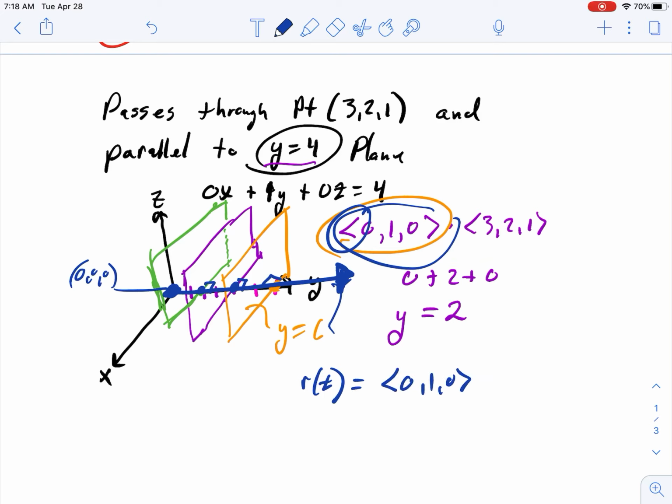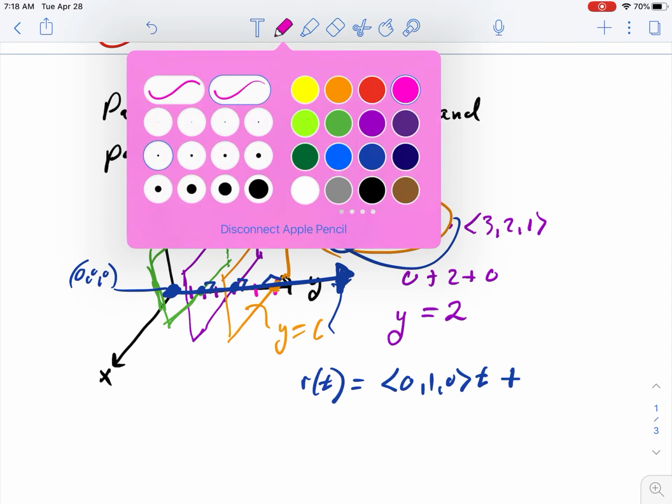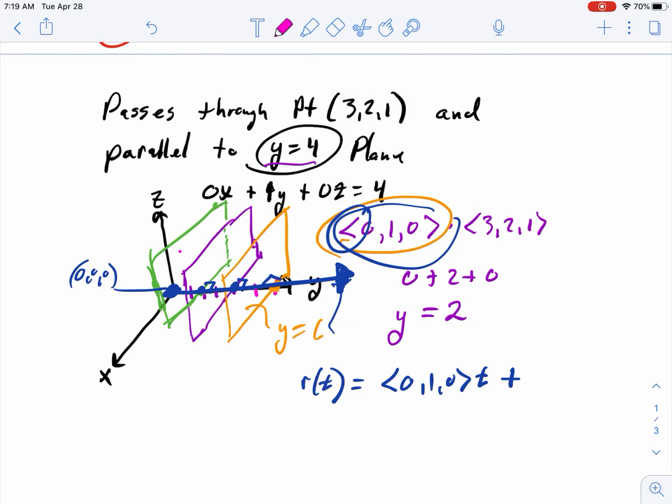If I say r(t), okay, then my slope would be (0, 1, 0)t plus. Okay. Now I can use any point I want. So for example, I draw, say, a line through here, or here. All these would be this slope here.